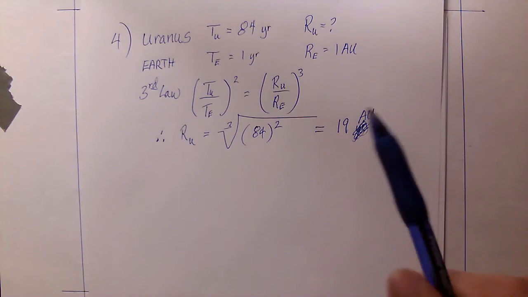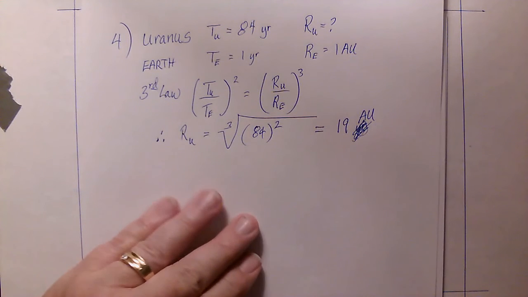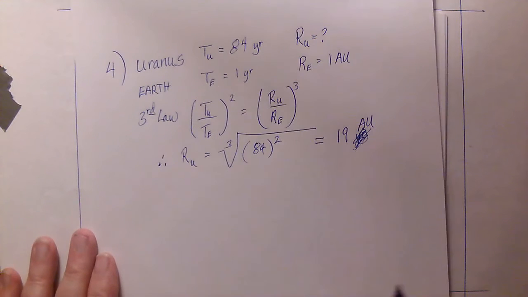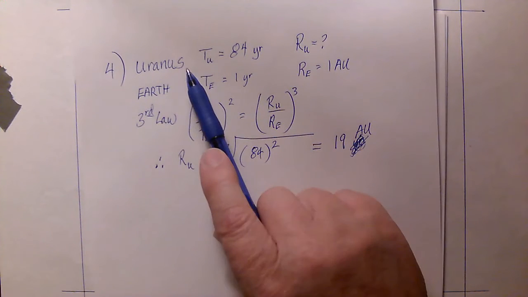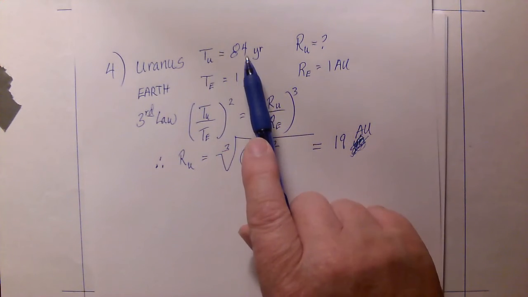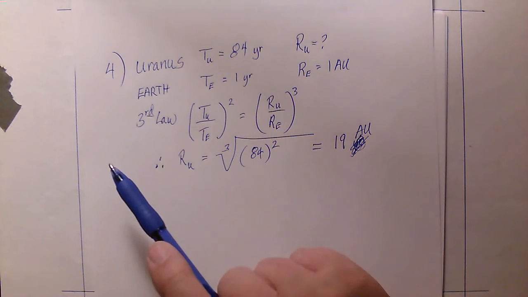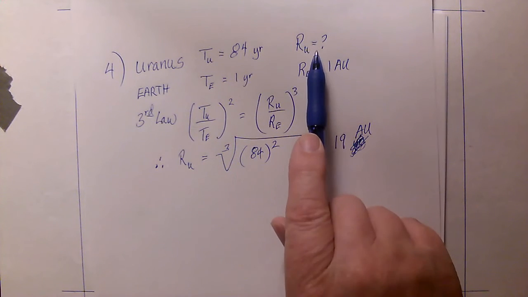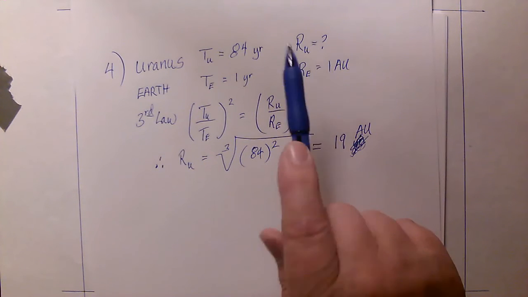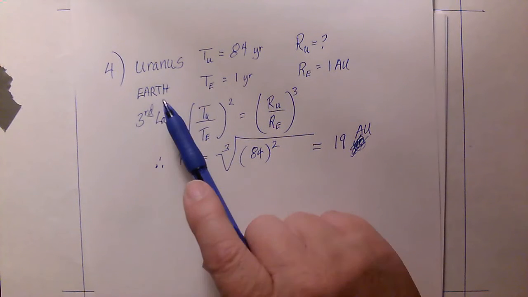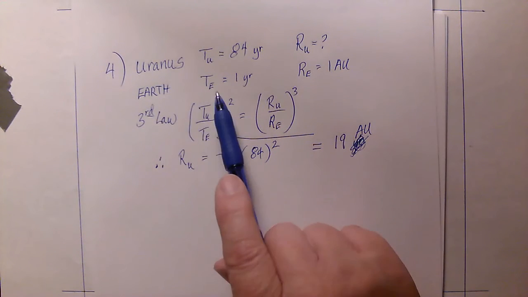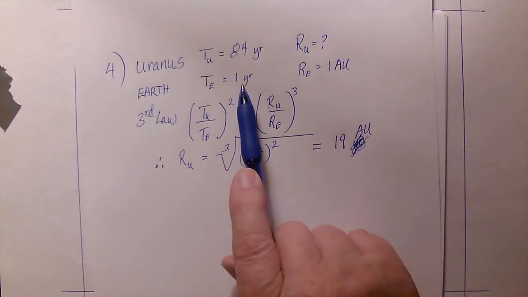Alright, for problem number 4, we have that Uranus has an orbital period of 84 years. And we want to know its mean radius from the Sun using Earth as a reference. So the period for the Earth is 1 year.